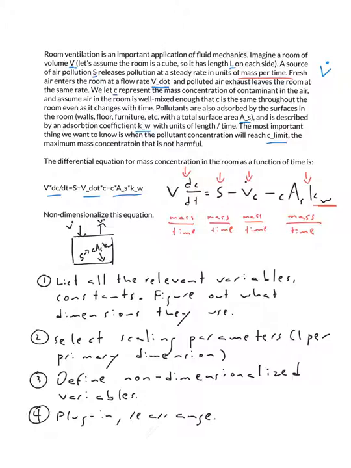Now, we start by listing all the relevant variables and constants. In real life, if you were doing this, you would know the equation you were trying to non-dimensionalize, and you would need to think about what sort of constants are relevant. But for the problems we're going to do, you know what constants are relevant because I give them to you in the problem.